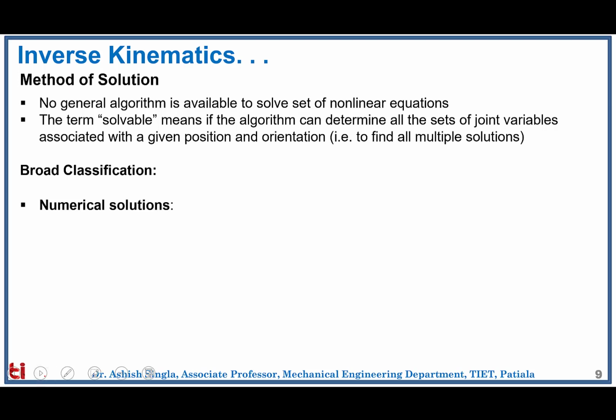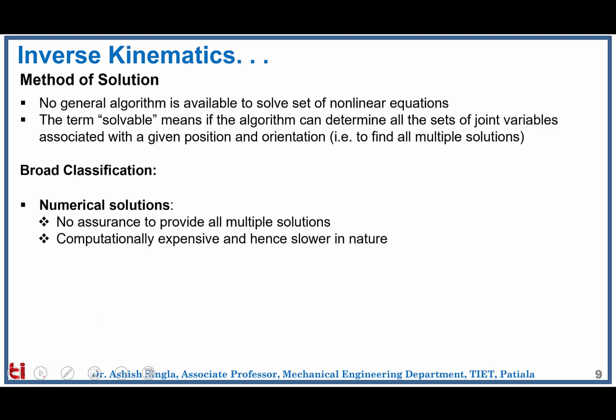The first is called numerical solutions, which are iterative in nature and do not give any assurance of providing all multiple solutions, and they are computationally expensive and hence slower, and because of these 2 reasons, they are generally not preferred if closed form solutions are available.